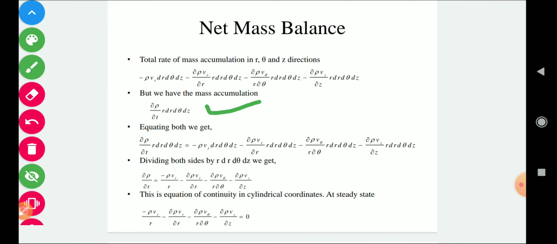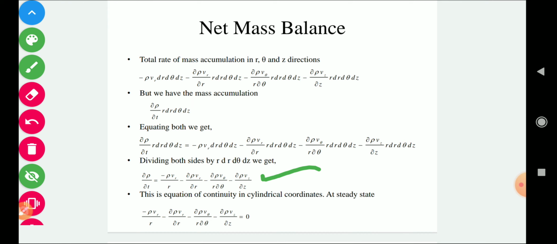If we equate these two equations, then we will get this equation. And if we divide both sides by r dr d theta dz, then we get this equation.